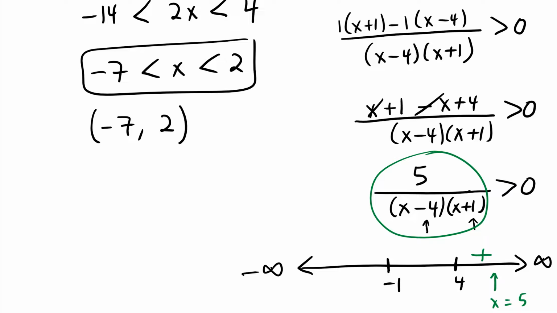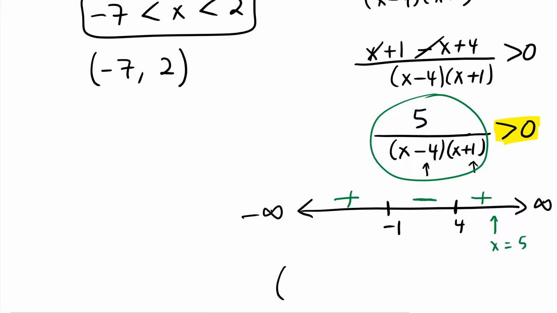Well, it's a positive value, right? If you pick something between negative 1 and 4, maybe 0 or 1, that will give me negative, and then positive. The question is asking, when is it positive? Well, it's positive from negative infinity to negative 1, union 4 to infinity.